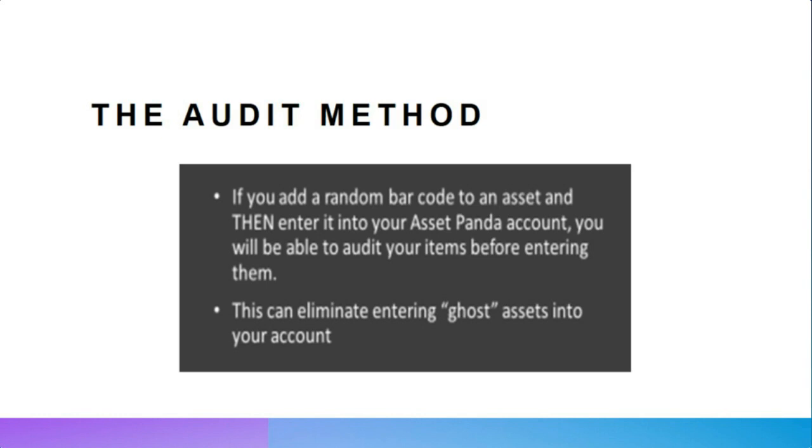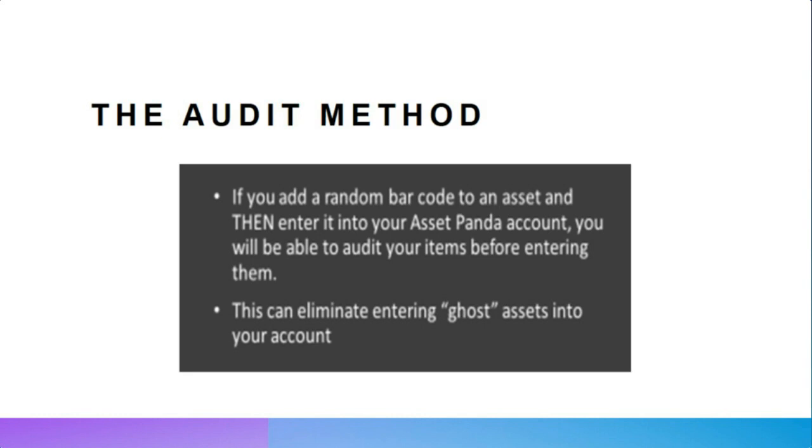On our mobile app, I would have my list of barcodes, and as I'm going through and inventorying my items and loading them into Asset Panda, I'm going to scan the barcode of the item once I apply it to that item, right? And then enter the information about the asset that I'm tracking.